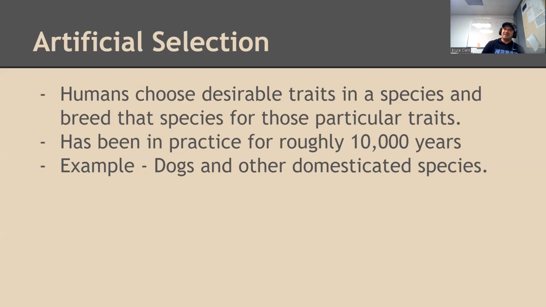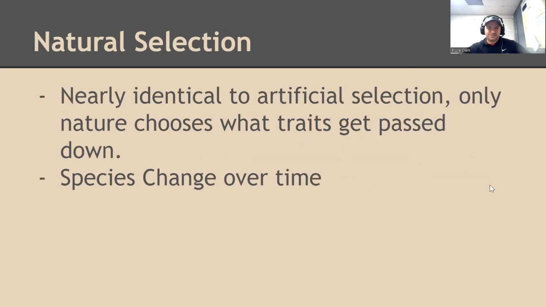That's the best example I have there. All right, so over 10,000 years, humans have taken wild species and, through no genetic engineering, no gene splicing, just taking things that they like and forcing those two things to breed, have artificially selected certain traits.